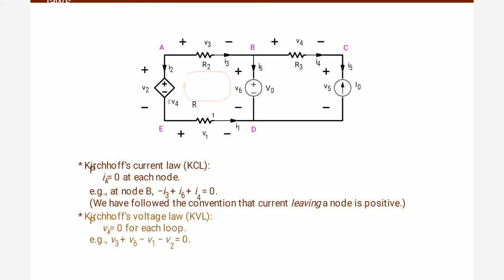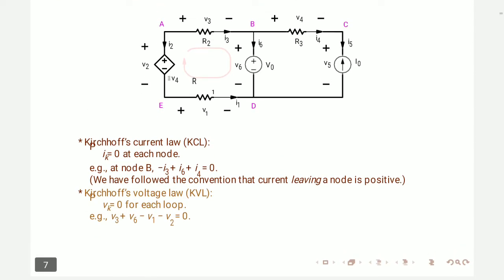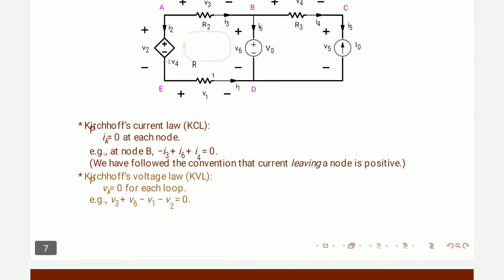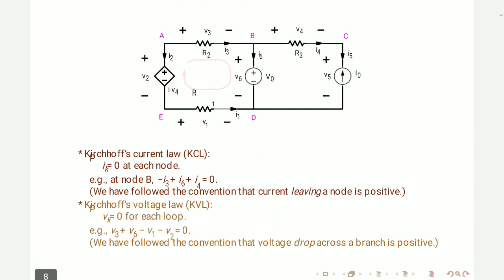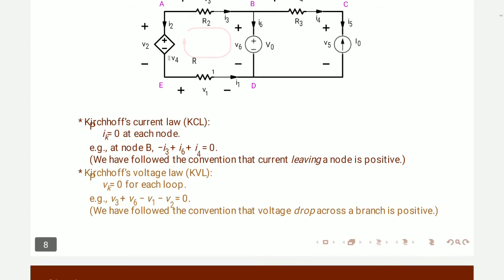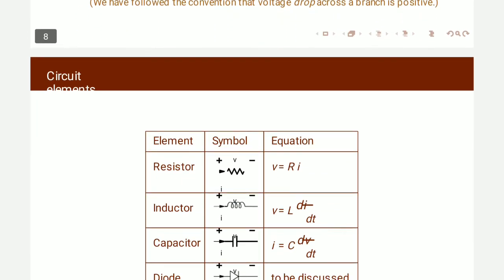Also negative. So this is the KVL equation: V3 plus V6 minus V1 minus V2 equal to 0. We have followed the convention that the voltage drop across the branch is positive.